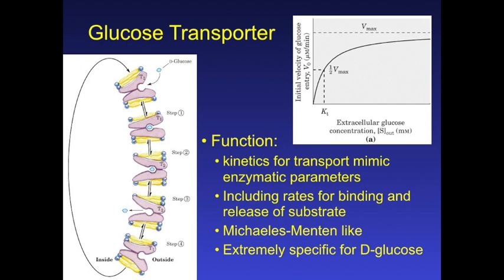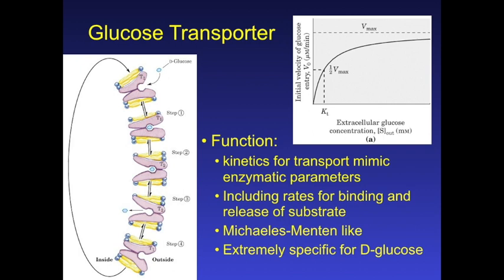So it reverts back to its original shape in which it can bind another glucose. And it does bind, let go, bind, let go. What's important is that this first one, the bound state, has a high affinity for glucose. When it changes, it has a low affinity for glucose. High to low, high to low. And it will move down the gradient.